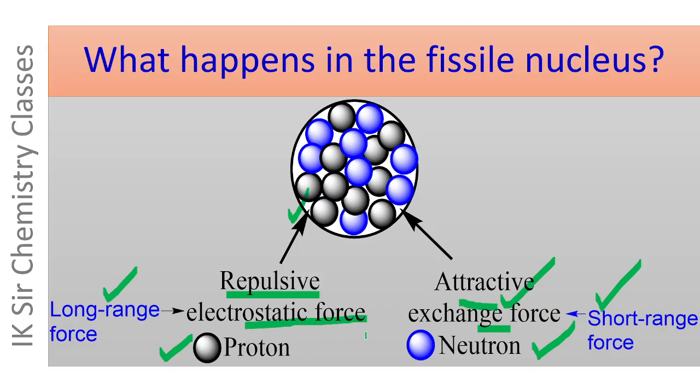But the repulsive electrostatic force decreases slowly because it is a long range force, and a situation comes when the attractive force becomes approximately equal to the repulsive force. And this type of delicate balance between attractive and repulsive forces in the nucleus makes it fissile.